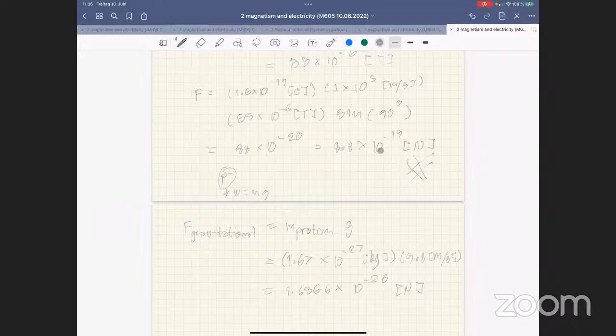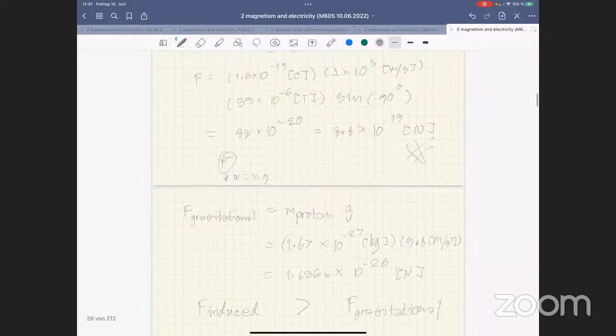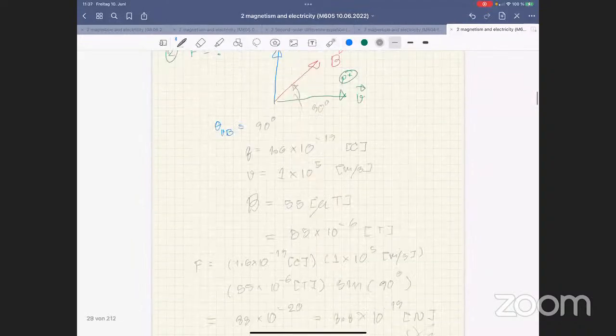Here it's 10 to the negative 19, and here is 10 to the negative 26. You can see that this one is greater, so F induced is greater than F gravitational.